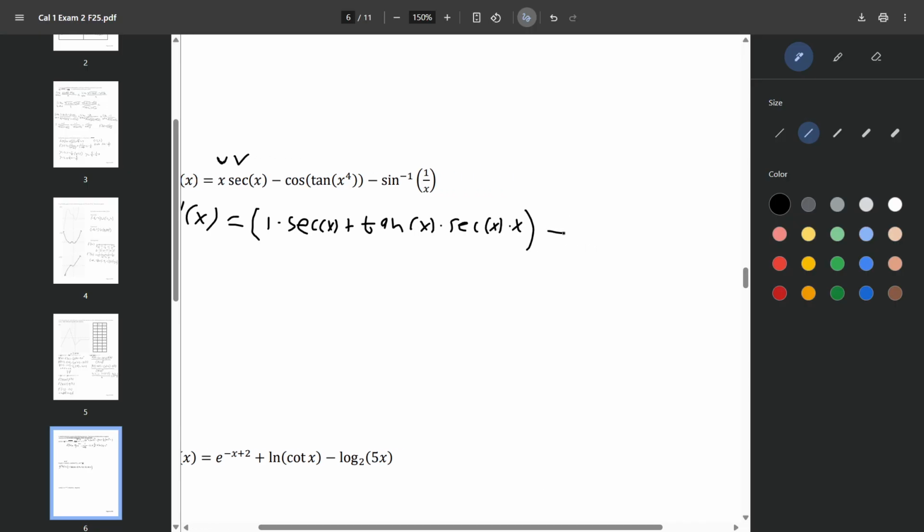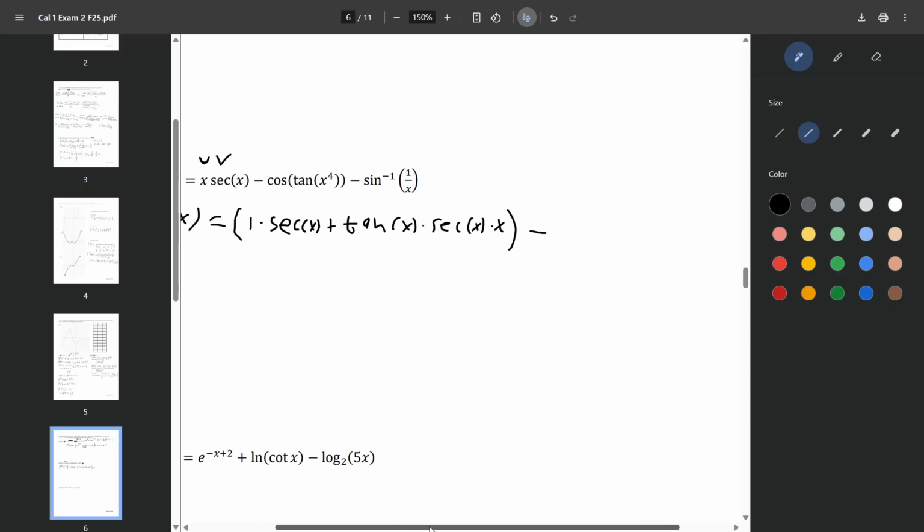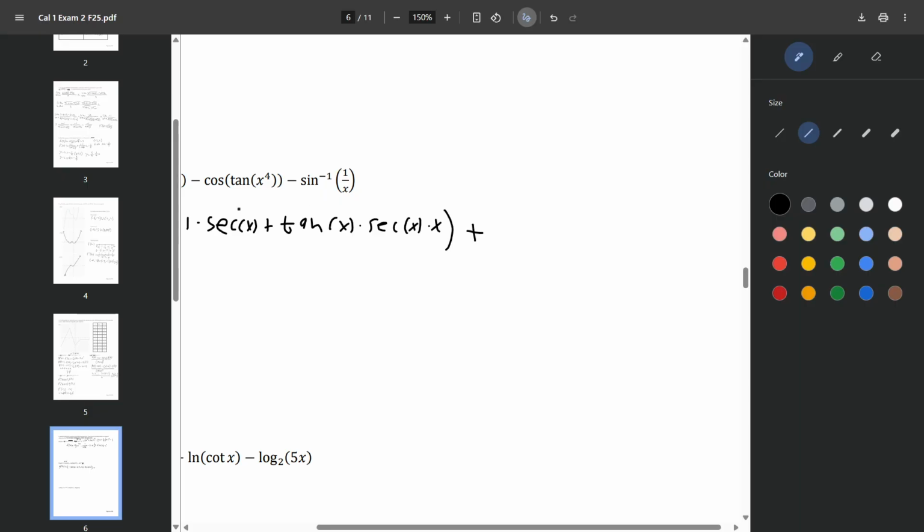The second part of the equation is going to be a chain rule.